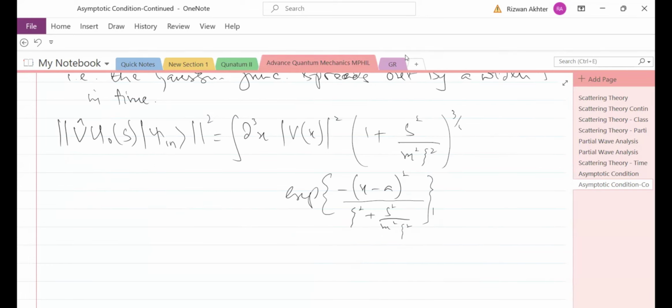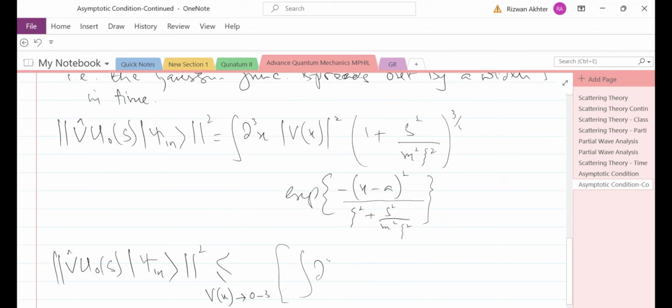If we talk about the sufficient condition and apply conditions 0 to 3, then this quantity V u naught of s psi in is less than or equal to, where V of x satisfies those conditions, the integral d3x of V of x whole square to the power half.